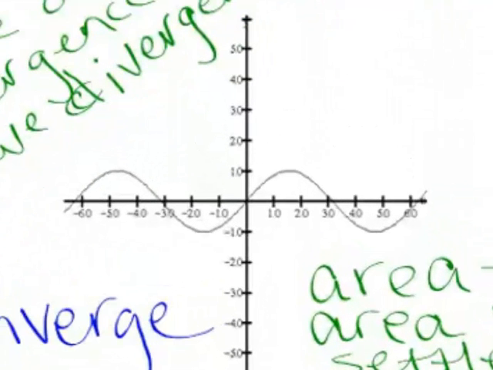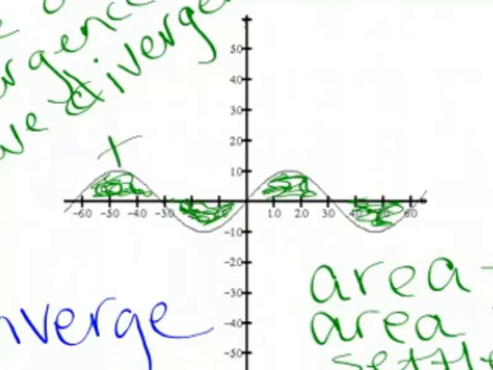But what if we have a function that from negative infinity to positive infinity hops above and below the x-axis for the same amount of area? Remember, here's a positive amount of area, here's a negative amount of area, and it's the same.